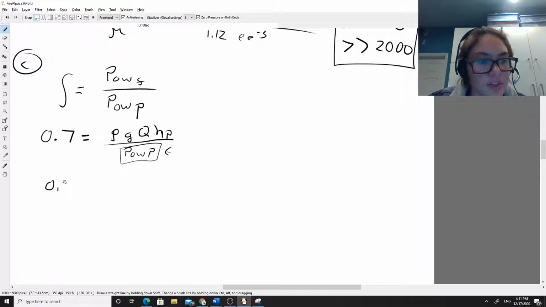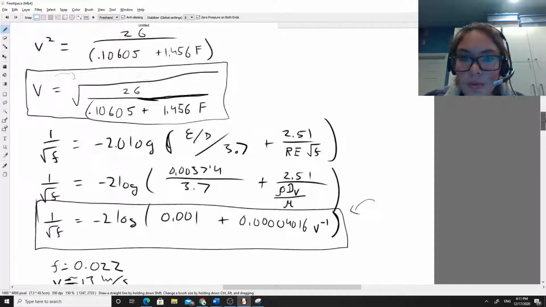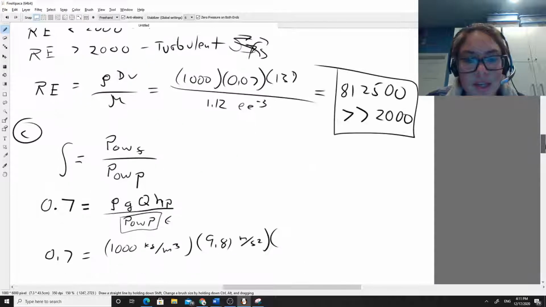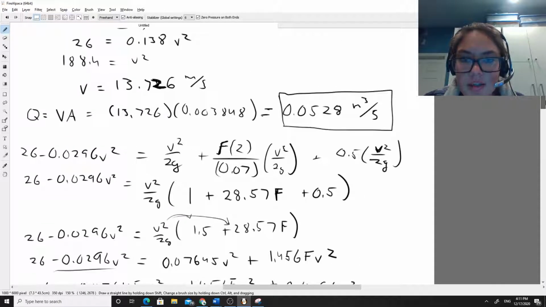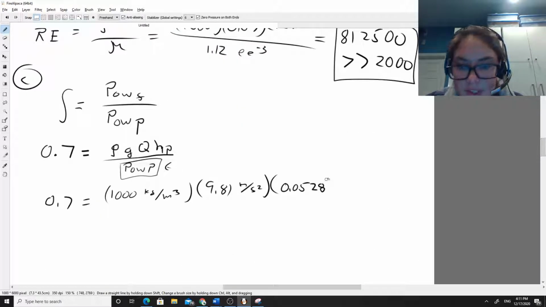So we say 0.7 is equal to the density of our fluid, which is going to be 1,000 kg per meters cubed, times g, our gravitational constant, 9.81 meters per second squared, multiplied by q, which we already solved for, which is going to be 0.0528 meters cubed per second.